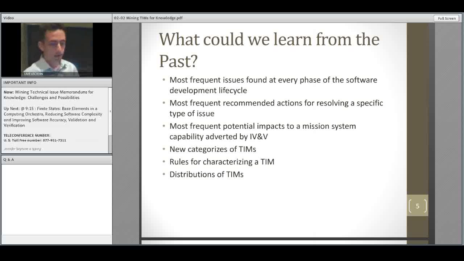Something else we can learn is the most frequent recommended actions for resolving a specific type of issue.